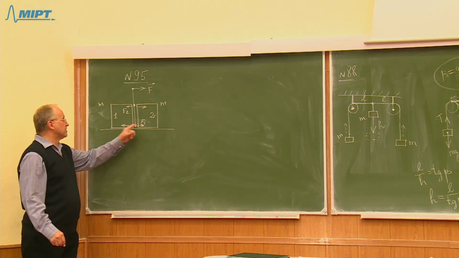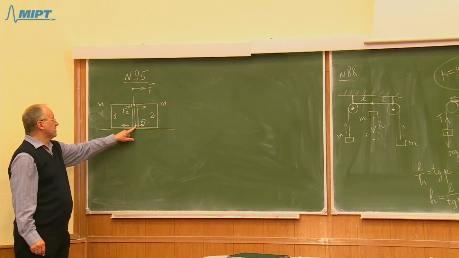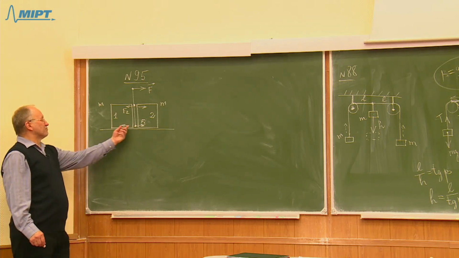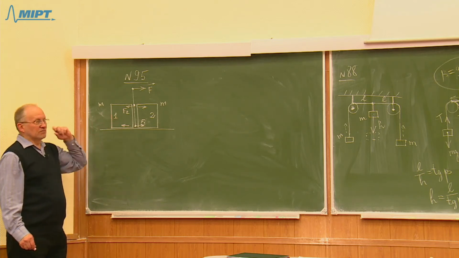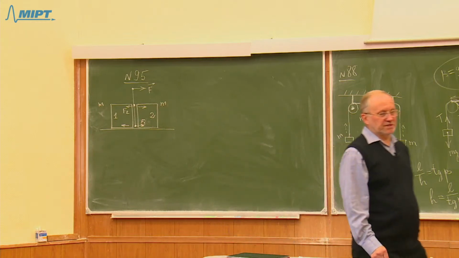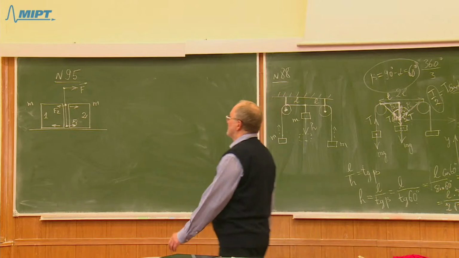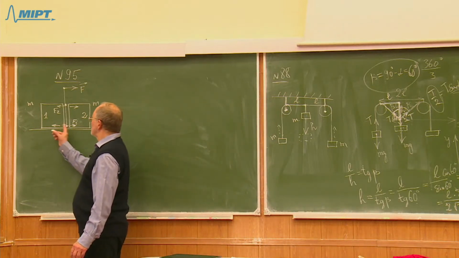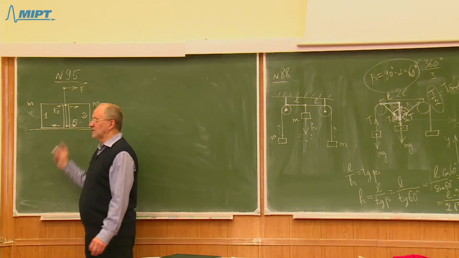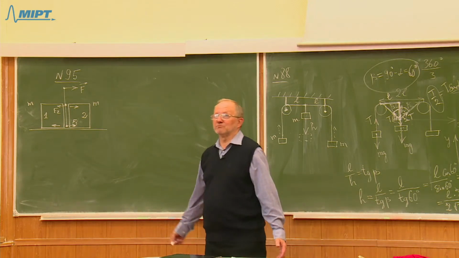They are applied to different bodies. Force F1 is applied to the rod, and minus F1 is applied to block 1. According to Newton's third law, these two forces are applied to two different bodies, and the forces are equal in magnitude and opposite in direction. Everything is very simple.